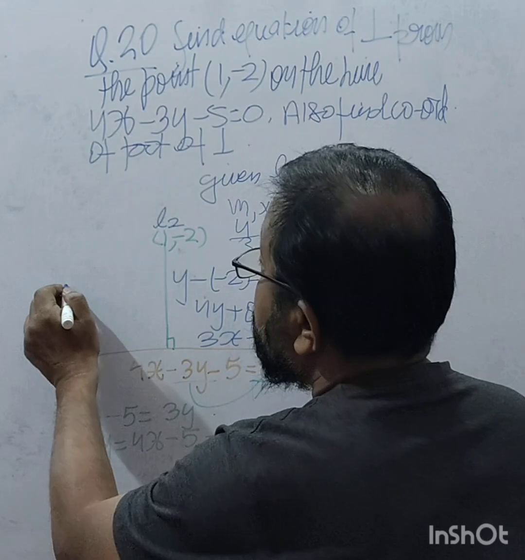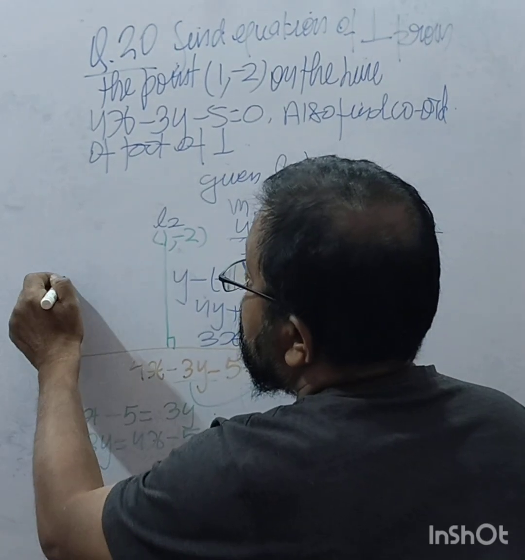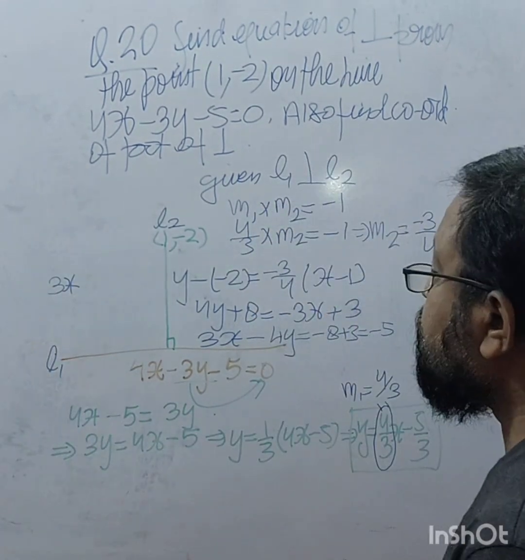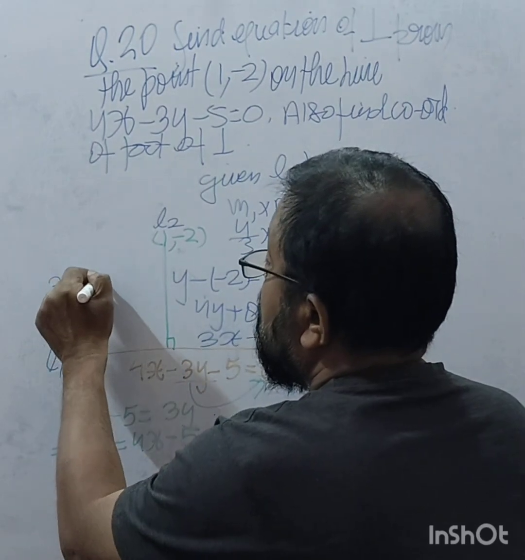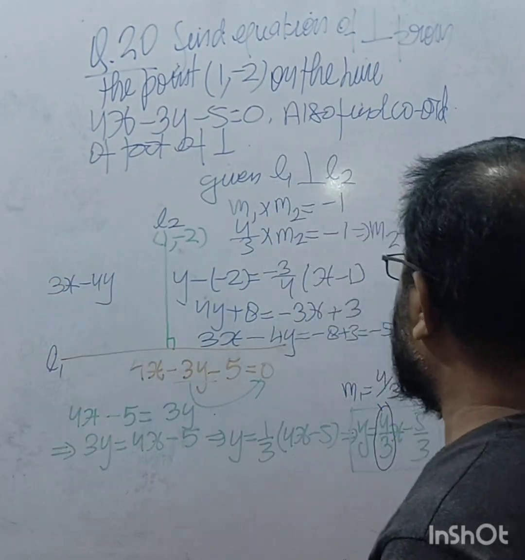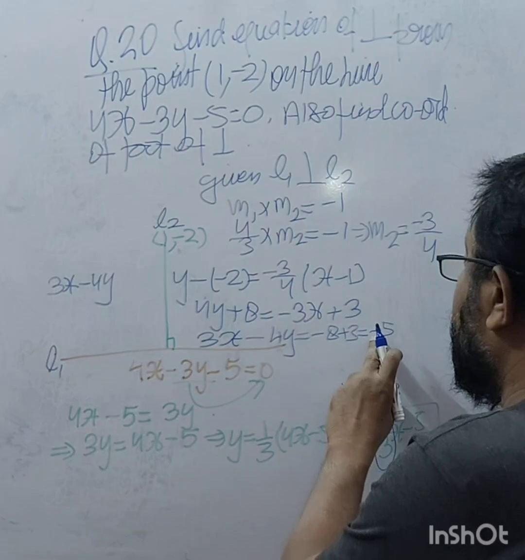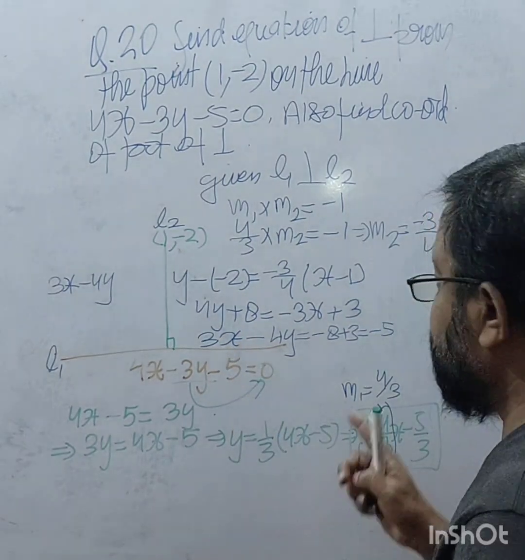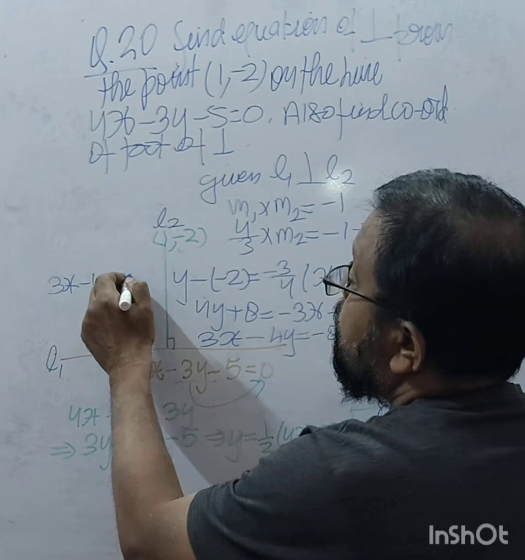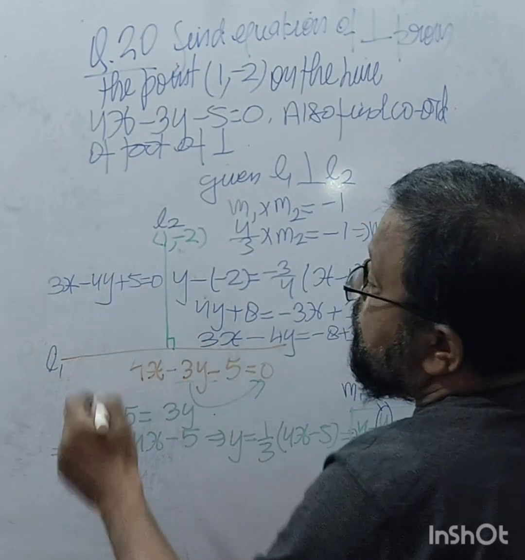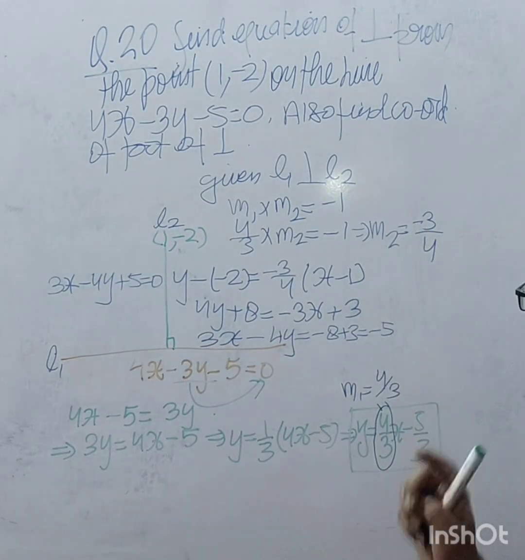So finally you get the equation 3x minus 4y plus 5 is equal to 0. These are the two equations.